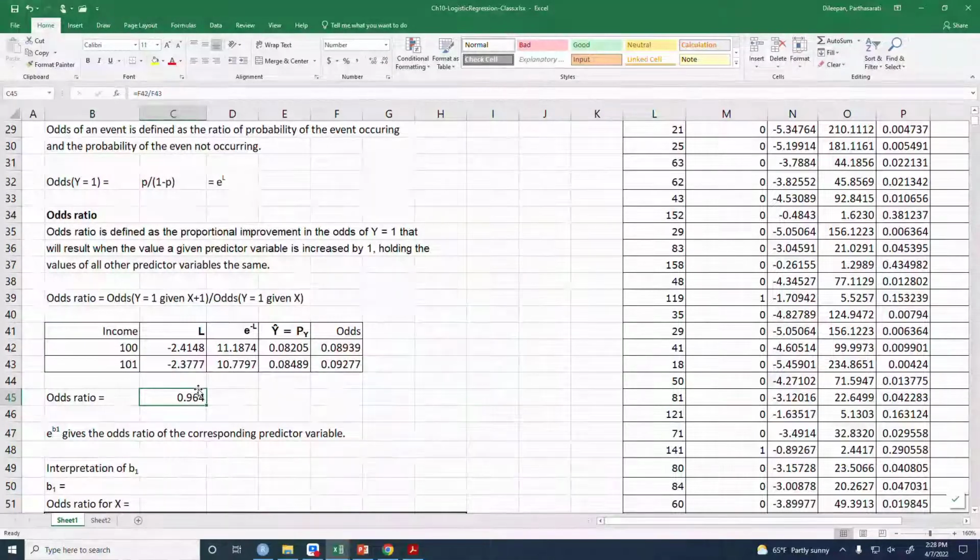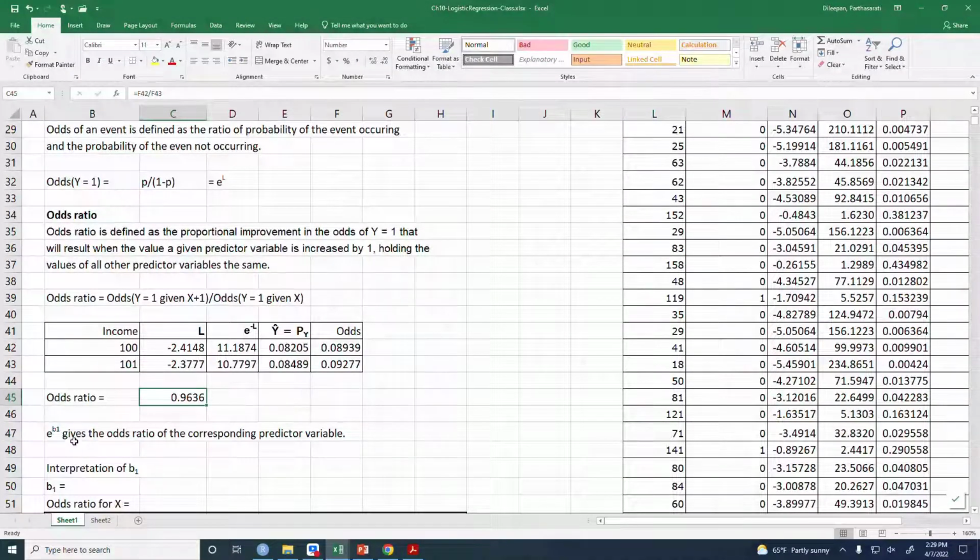This is a ratio. So odds will go up at this rate. You have to multiply. If you have the original odds, you multiply that with the ratio, you get the next one.